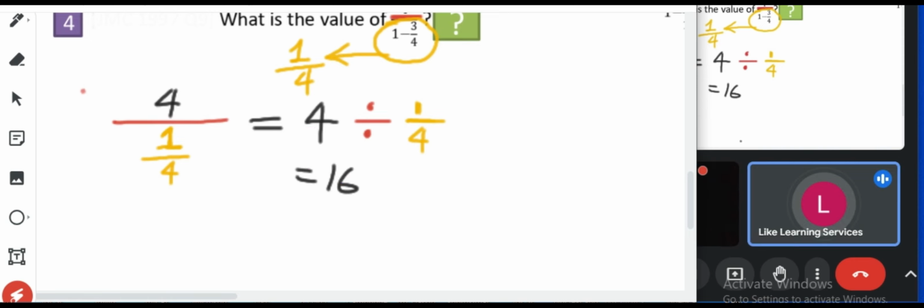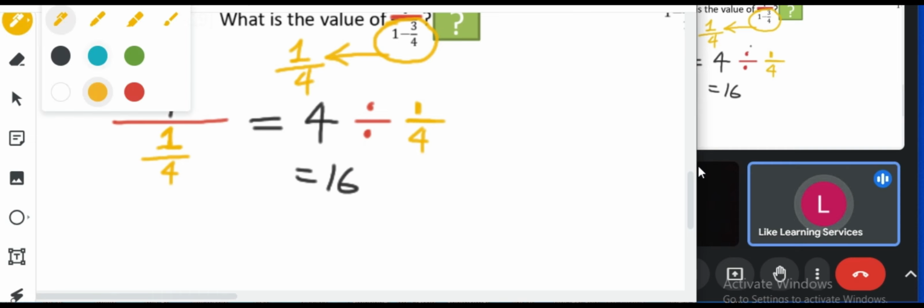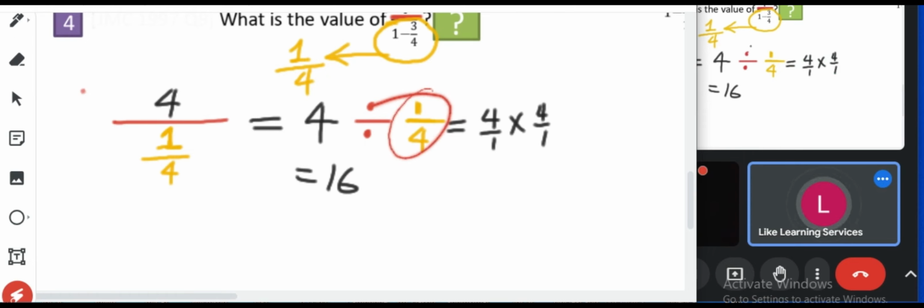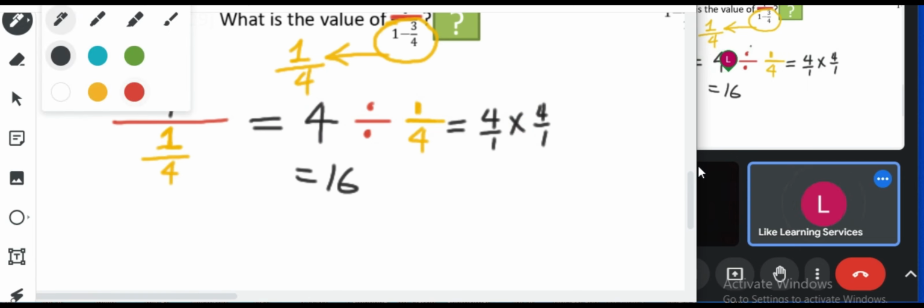Okay, just 16, because the whole thing will simply be 4 over 1 times 4 over 1, flipping this one, 4 over 1, after you've changed the division to times. And this itself is 4 over 1. Okay, so see, 16 is the answer.